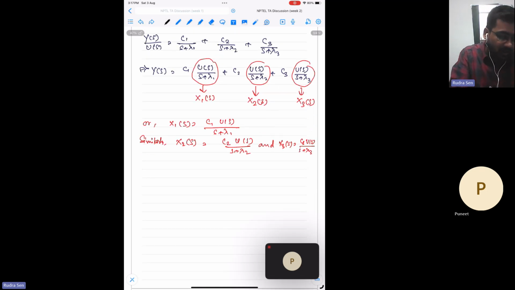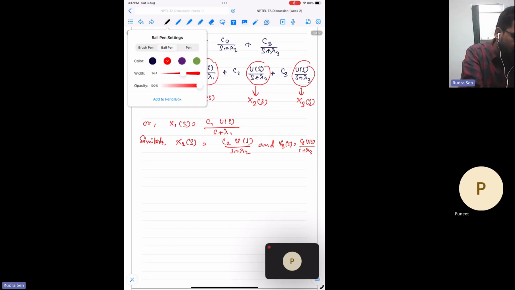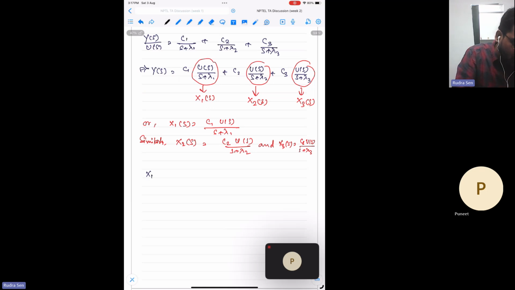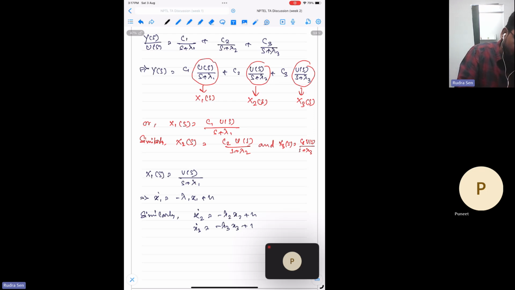So now let's say I'm considering X1(s) is equal to U(s) by s plus lambda 1. Now do the cross multiplication and then inverse Laplace transform. What you will get is x1 dot equals minus lambda 1 x1 plus u. Similarly, x2 dot equals minus lambda 2 x2 plus u, and x3 dot equals minus lambda 3 x3 plus u.